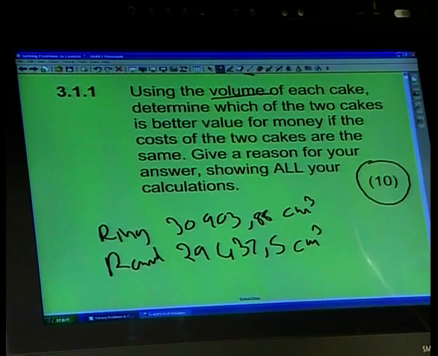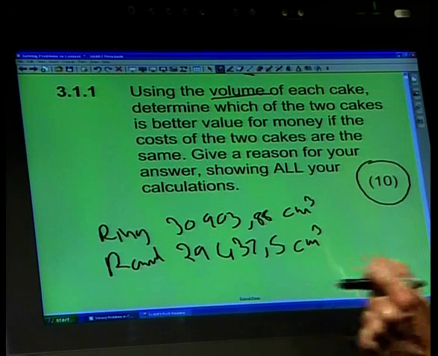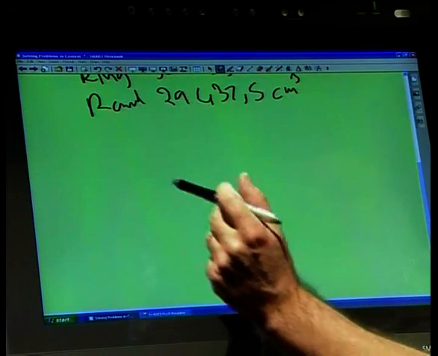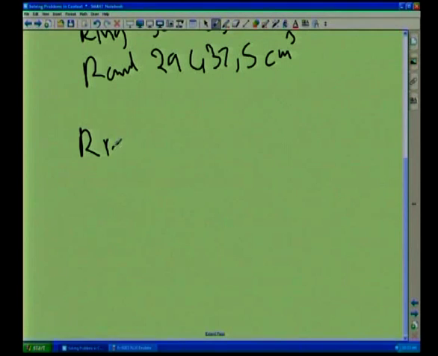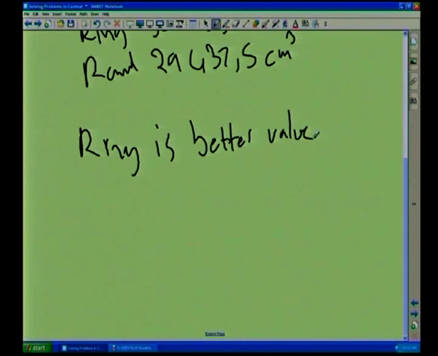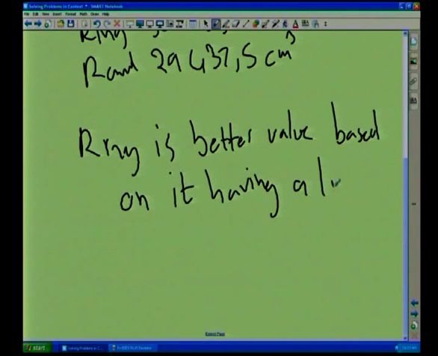That means it will be better value for money. So to answer the question, we're going to say the ring cake is better value based on it having a larger volume.